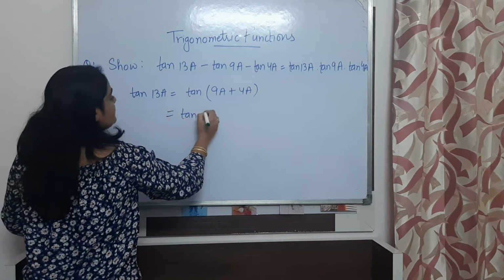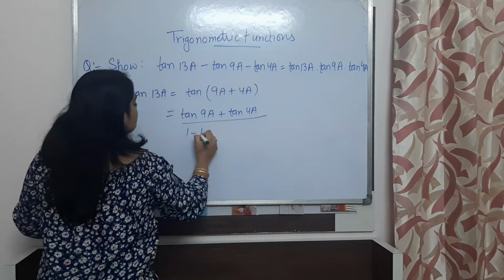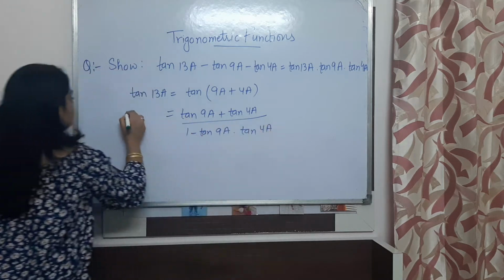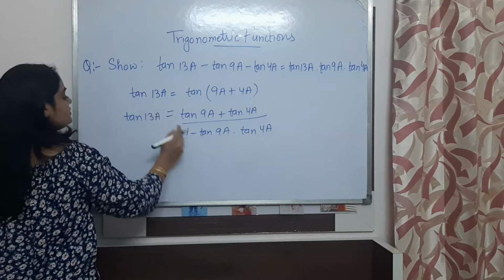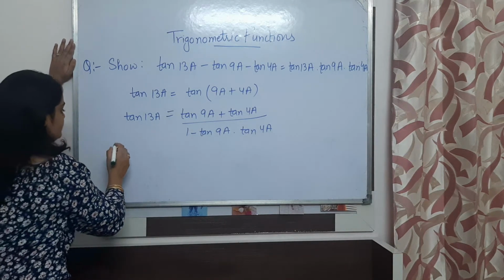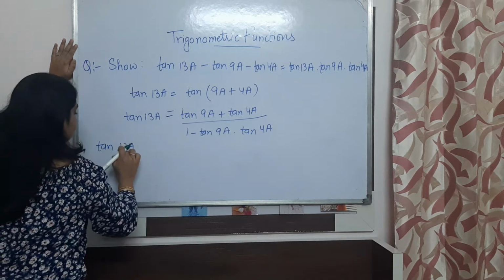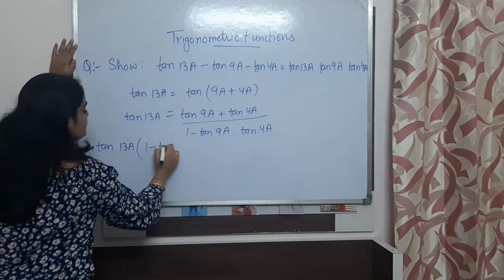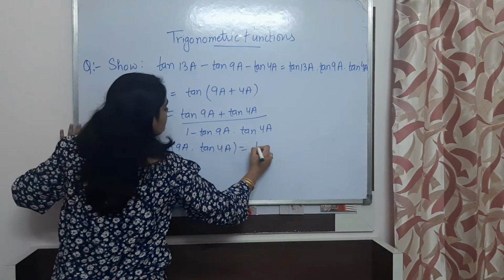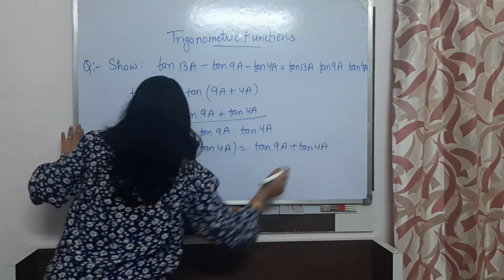Now here the formula is applicable. I know it is tan a plus tan b whole upon 1 minus tan a into tan b, and here it is tan 13a. Now this is in division. When it goes to this side, it will come in multiplication. So tan 13a multiplied by 1 minus tan 9a into tan 4a is equal to tan 9a plus tan 4a.